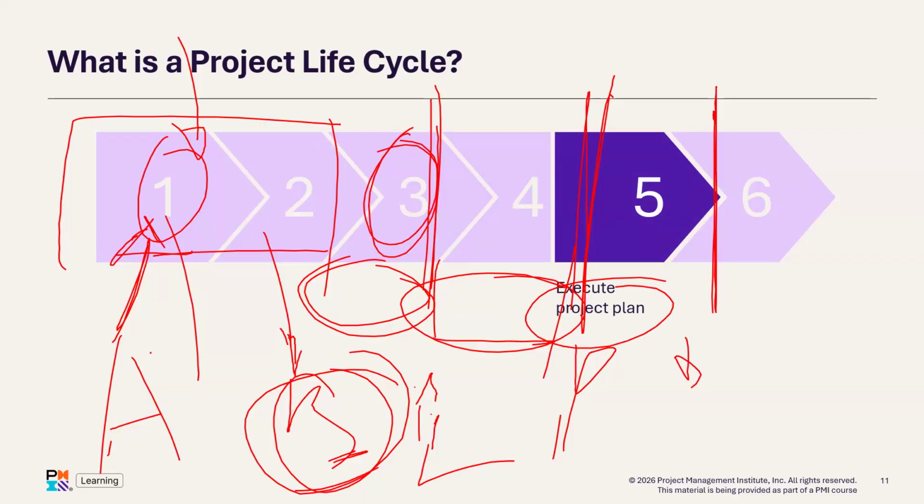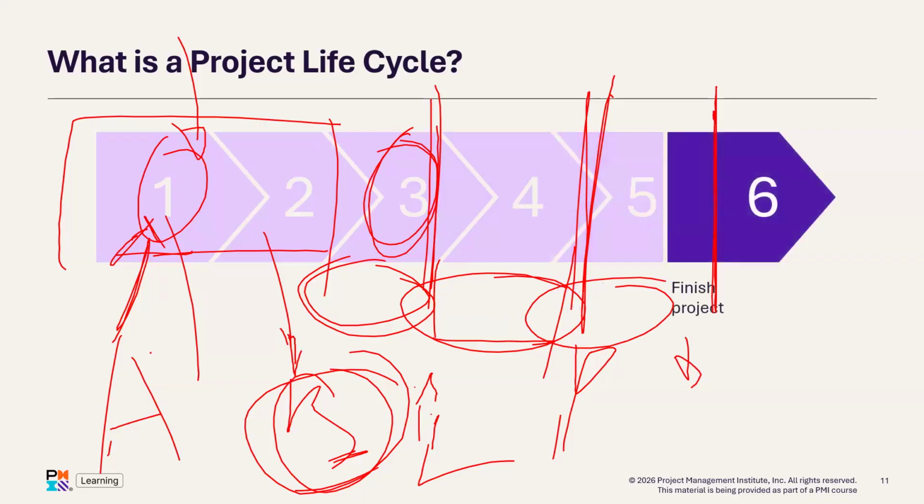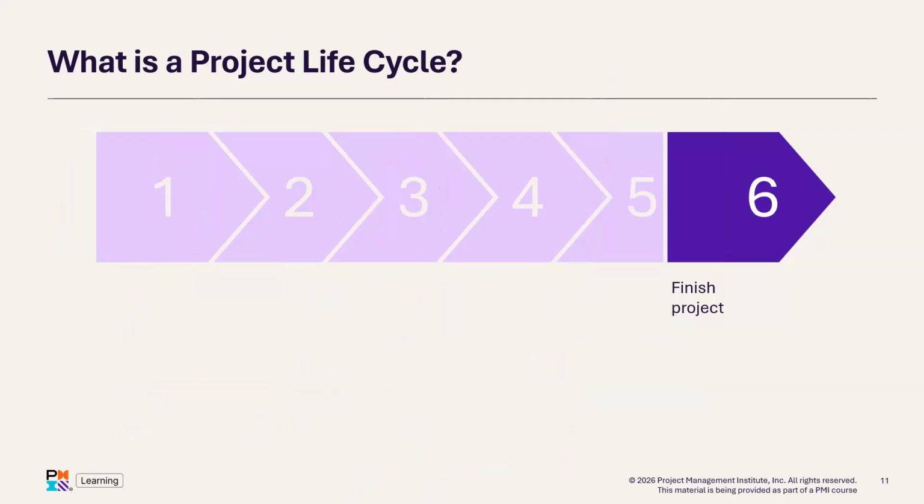And once all the work is done and there's nothing more to do, then we close the project. Then the question is, where does monitoring and controlling fall in this?